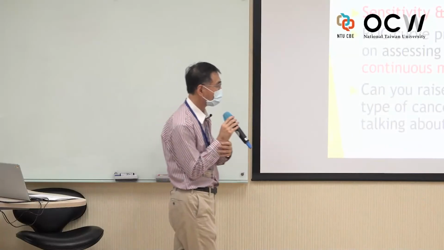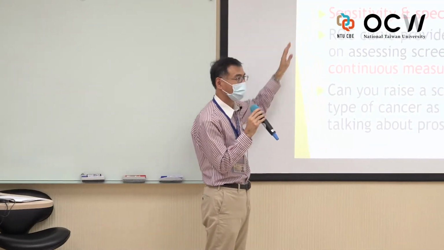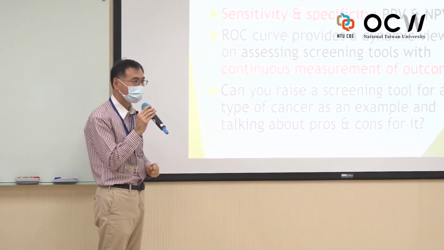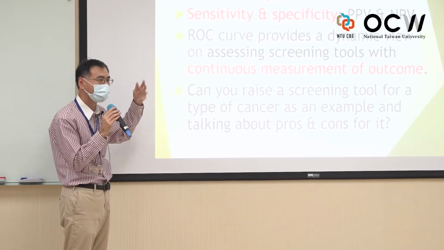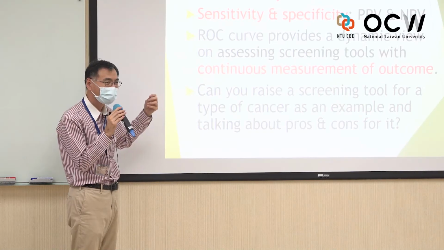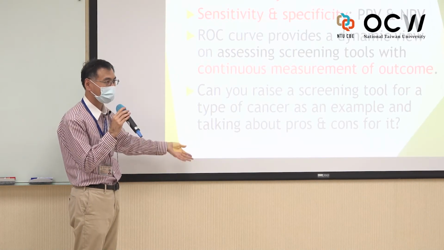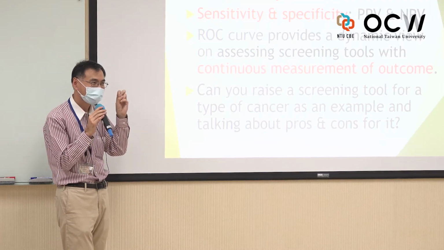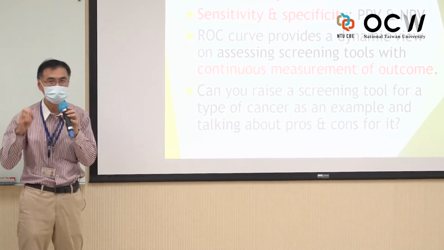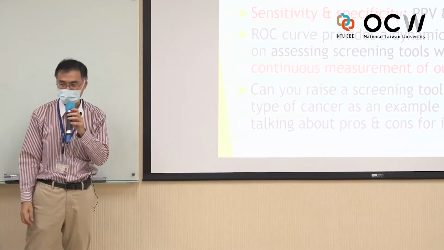After you learn everything, you should be able to do that. If you don't know much about cancer, just Google it. You just need some common-sense level information about cancer. I do believe you could say a lot of things like this. That's the so-called epidemiological sense in screening for serious diseases.